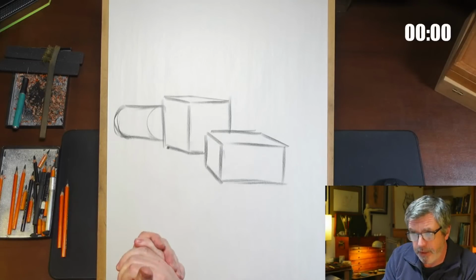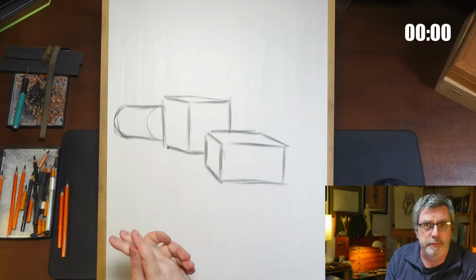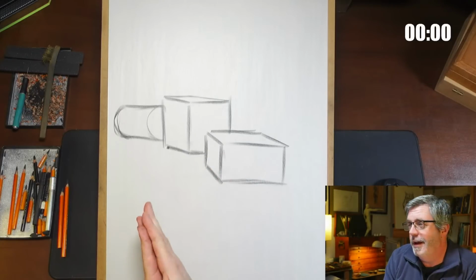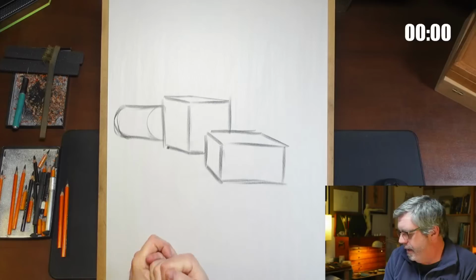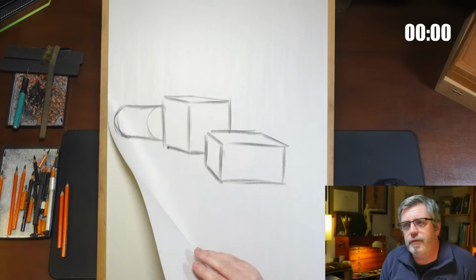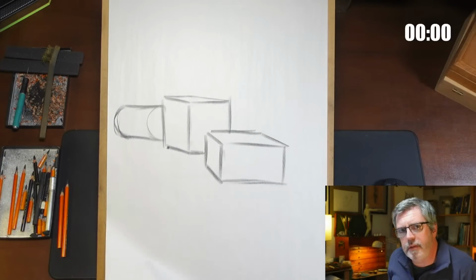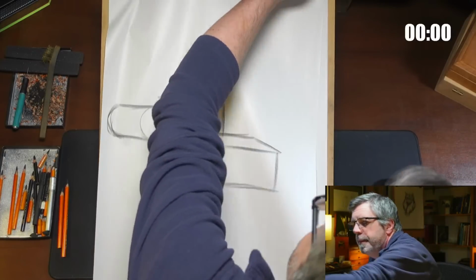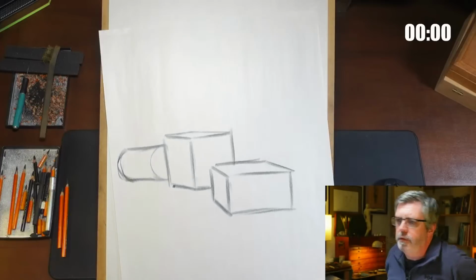Sculpting would be a very good tool for becoming a better drawer. Anything that's forcing you to think three-dimensionally is going to have value. We just don't want to be tracing shapes.